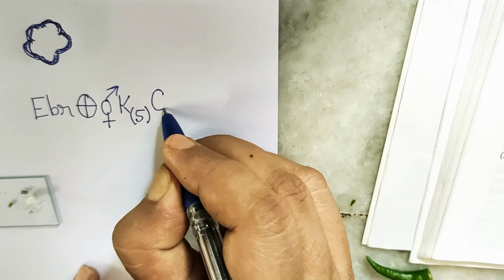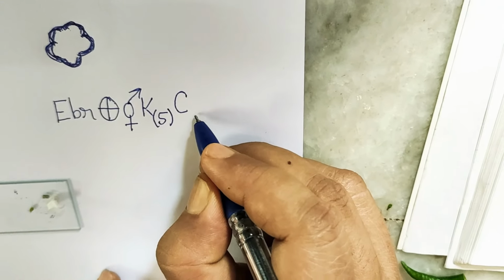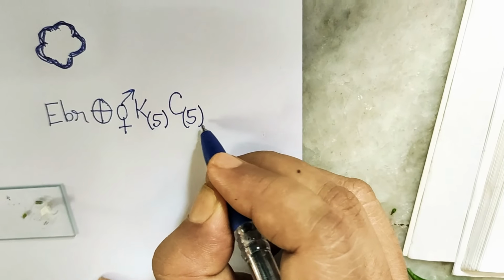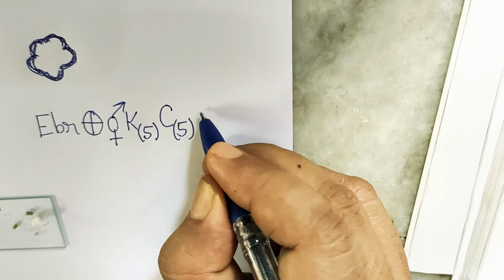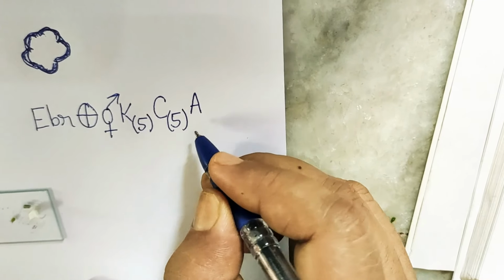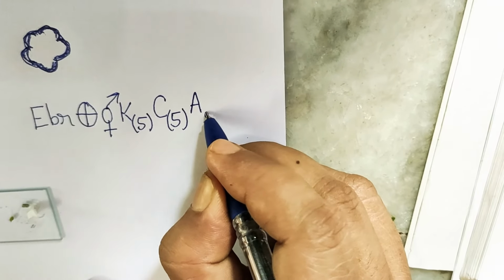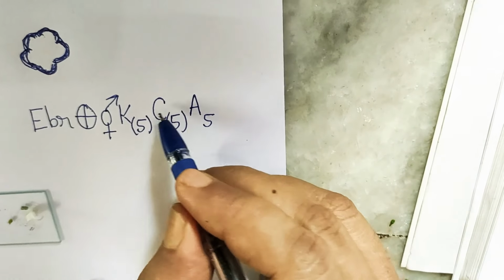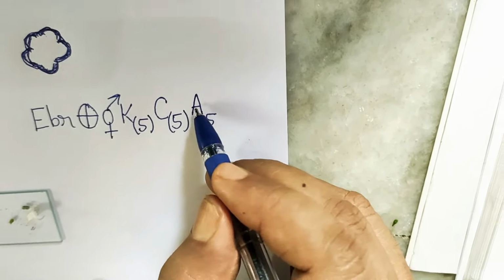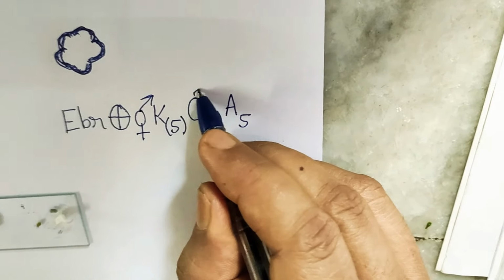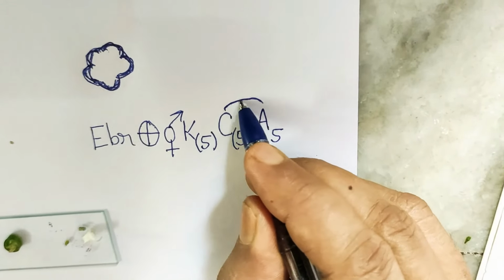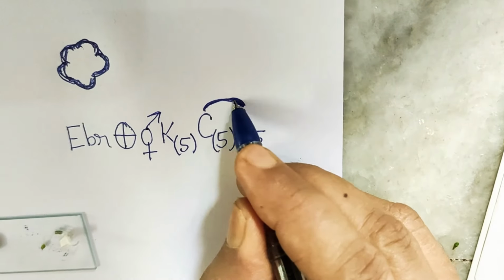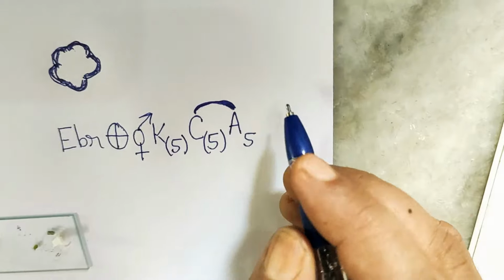Then corolla we represent by C. Corolla were also 5 in number, and they were also fused with each other, so it was gamopetalous. Okay, and androecium, we write with capital A. Androecium were also 5 in number, but they were not fused with each other, so they are free. Okay, but they were alternipetalous, that means alternating with respect to petals, so you have to use this symbol to show that they were joined, basifixed with the petals, and they were alternipetalous.